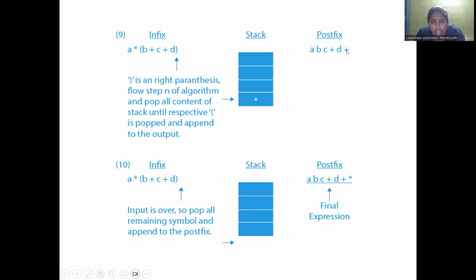Initially it was D, then I popped the plus from the stack, and I popped the star from the stack and placed it at last. So this was the final expression I got when converting this infix to the postfix expression with the help of the stack. So this is how it works.